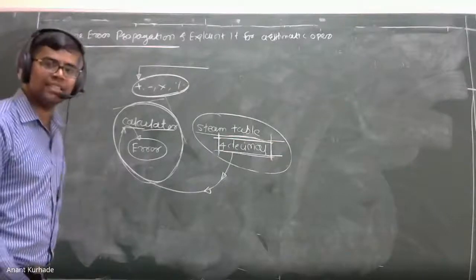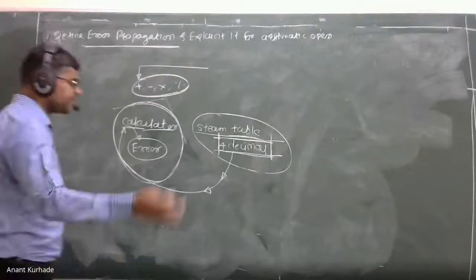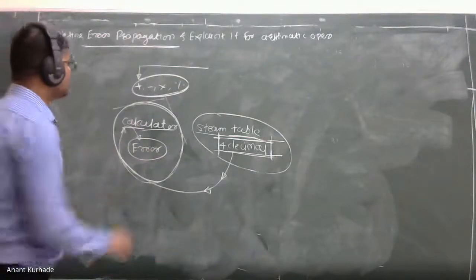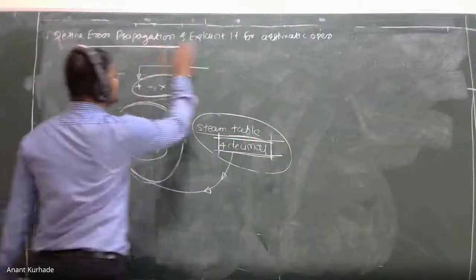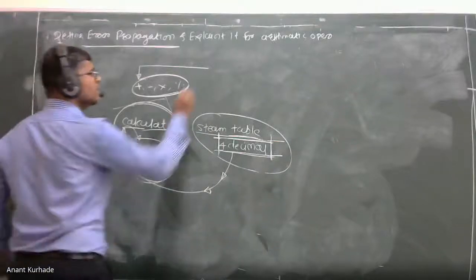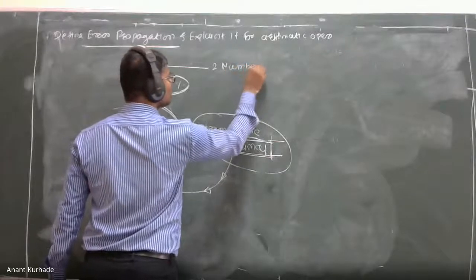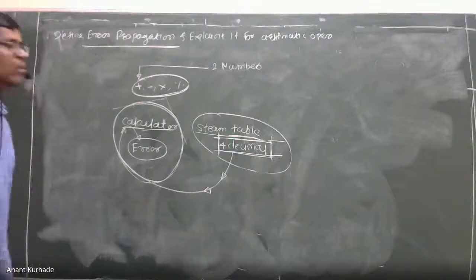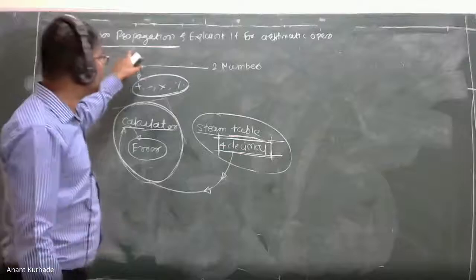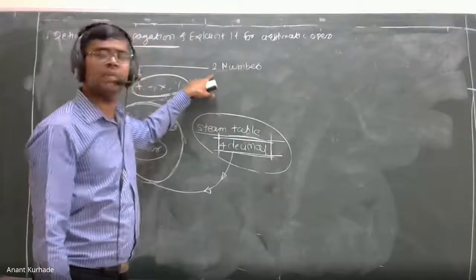So we can take 4 plus 3 is 7, 4 minus 3 is 1, 4 into 3 is 12, 4 divided by 3 is 1.3333. So the basic requirement to explain error propagation is that we require only two numbers, to show how the error will propagate by performing these four operations.